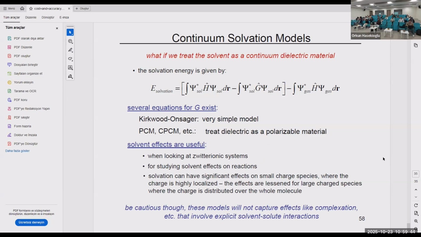And solvent effects are very useful when you look at zwitterionic systems, when you study the effect of solvent on reactions. And solution environment can change the geometry and energies of a molecule a lot, right?